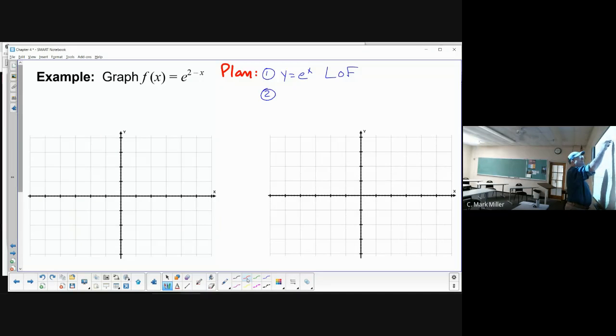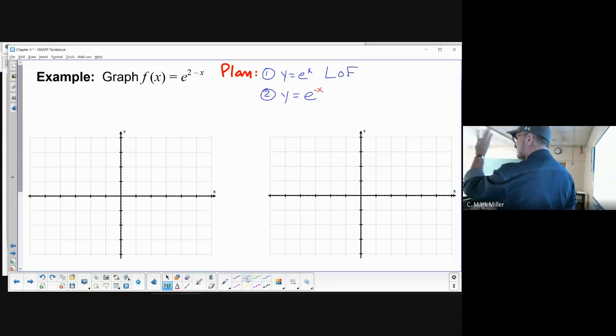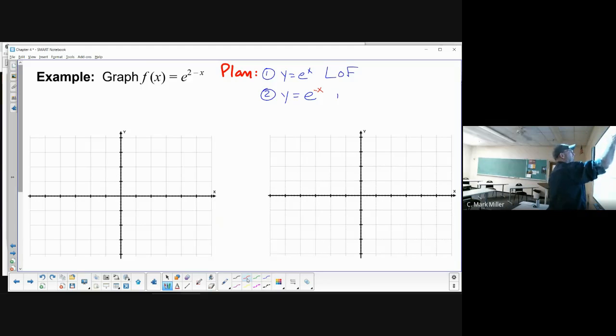There's more than one way. Y equals e, and you substitute negative x in for x, and that is what kind of transformation? Last time Alejandro got it. Reflection. It's a reflection about the vertical axis. So this is a reflection about the y-axis. Thank you for that response.